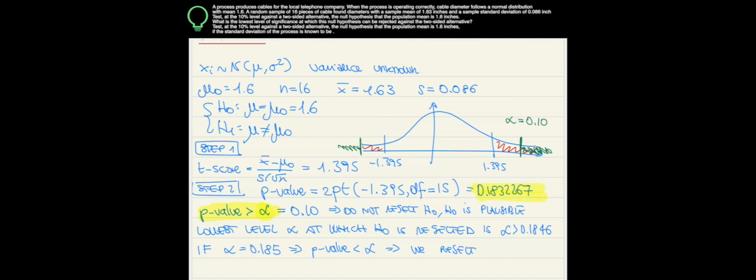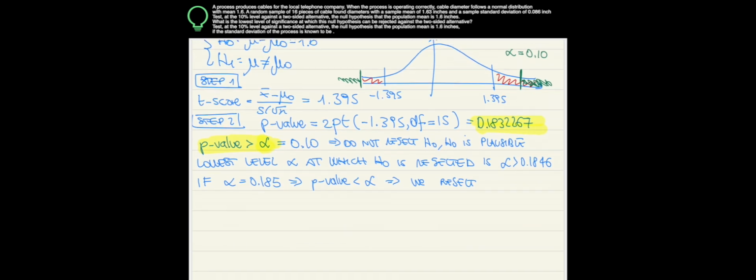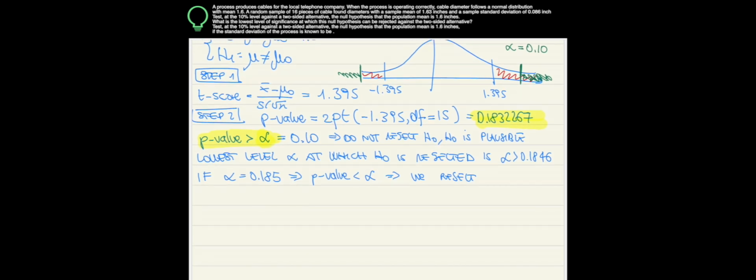Okay, second part, it's rather easy, and it asks us to test at the 10% level, so the same significance, against a two-sided alternative, the null hypothesis that the population mean is 1.6 inches if the standard deviation of the process is known to be sigma equals 0.06.